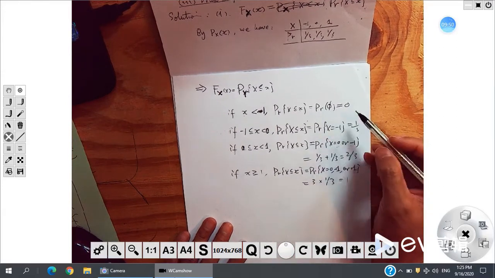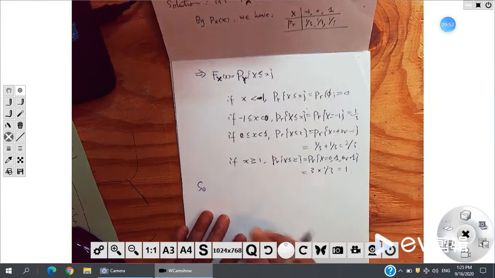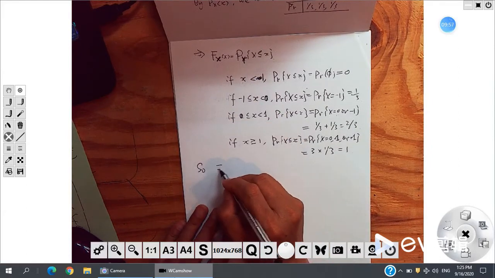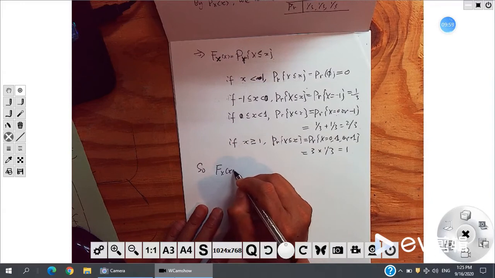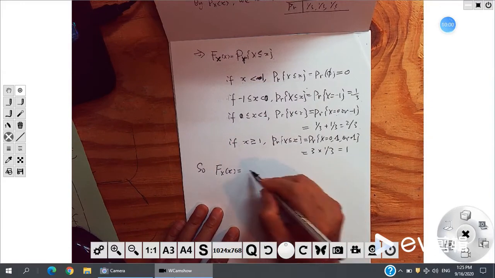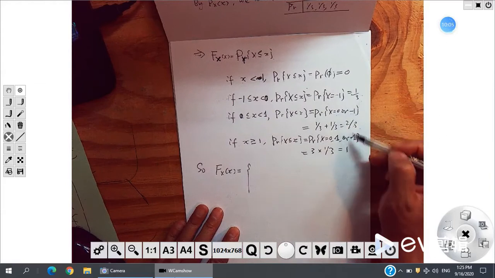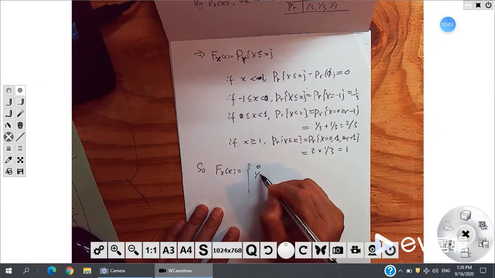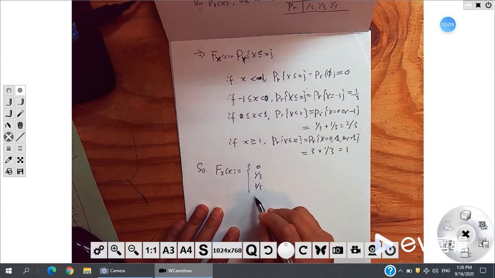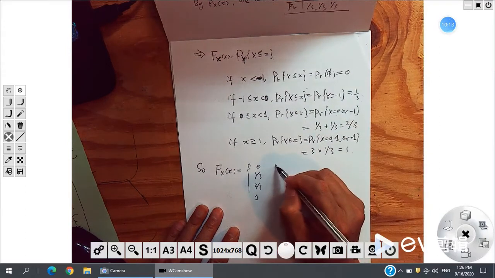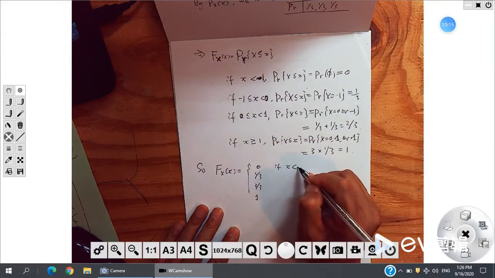Okay, so now let's write the formula together. Write this function together. So f capital X of x, its value will be 0, 1/3, 2/3, or 1. It's 0 if x is smaller than -1.